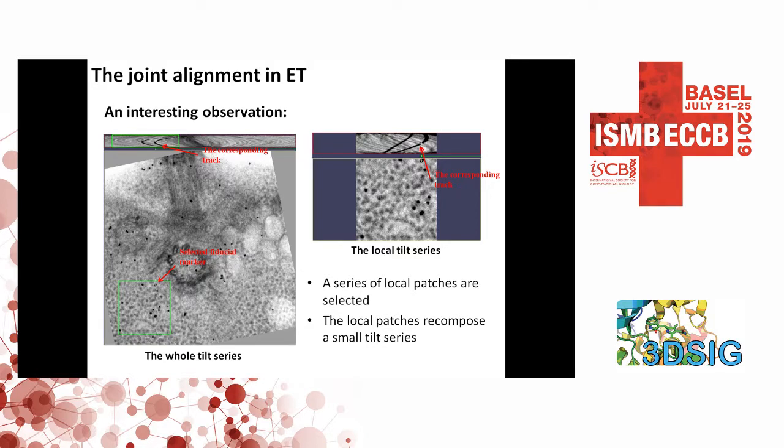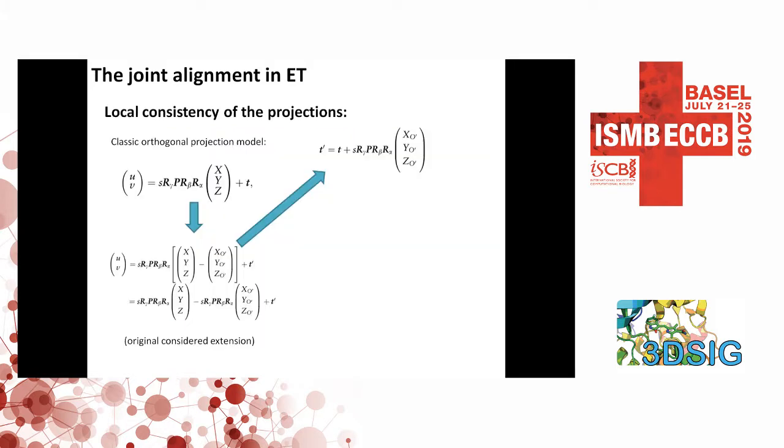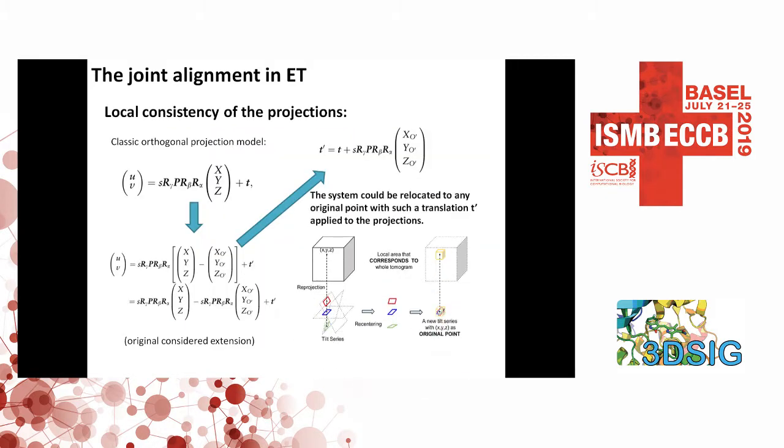So it can be said that a global problem can be decomposed into several local problems. We look back into the model. If we write the original point into the classical projection model, we can get the local consistency of the projections.